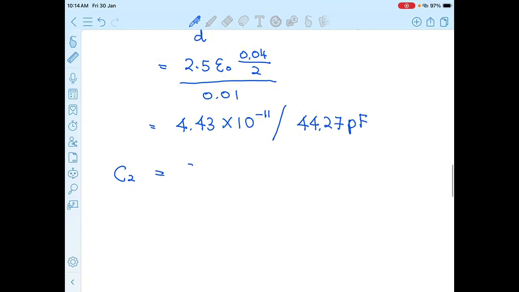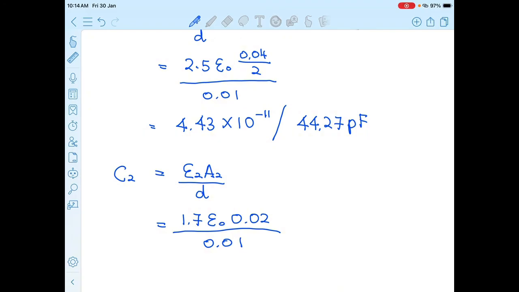C2 is equal to epsilon 2 A2 over D. Epsilon 2 is 1.7 epsilon naught. I will straight away put the area as 0.02 because it's half of it. Let's calculate this.